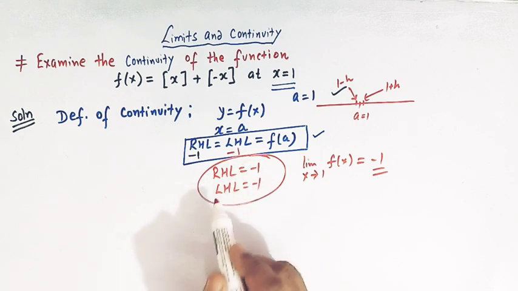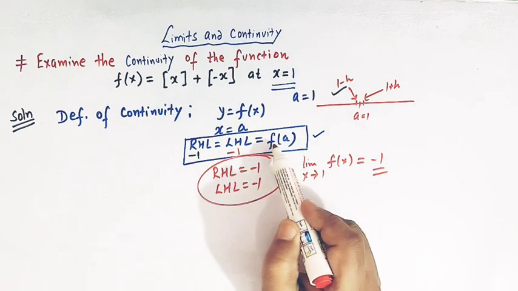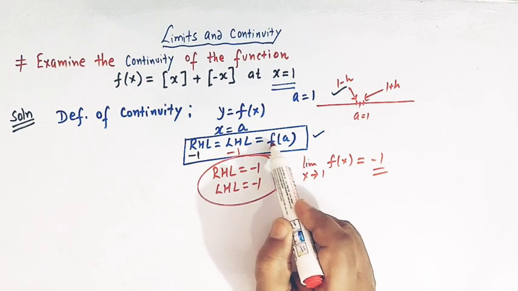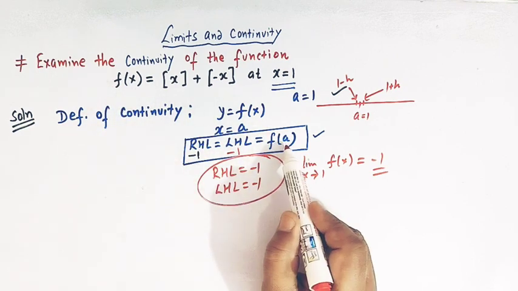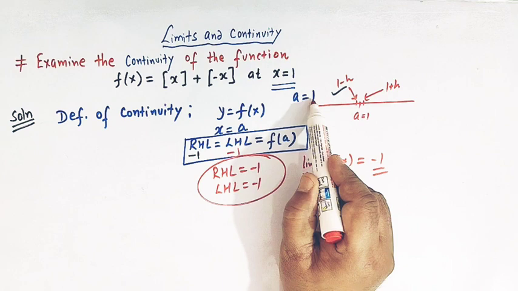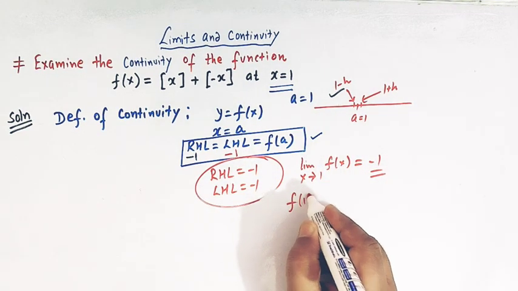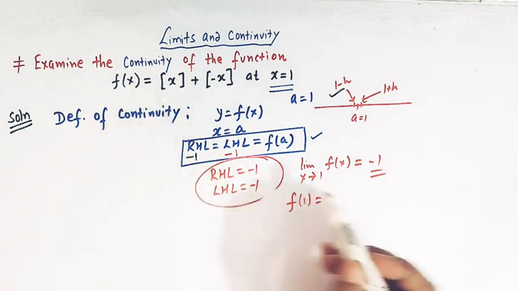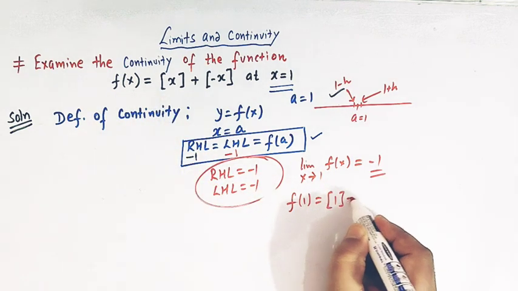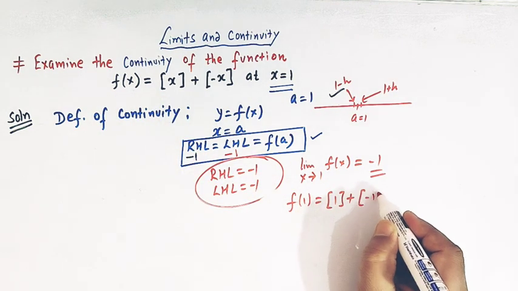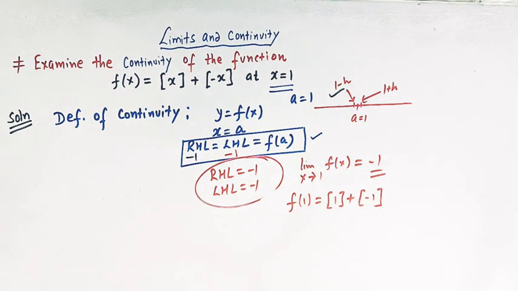Now we have to find the value of the function at this point a is equal to 1. So f of 1 can be written as greatest integer of 1 plus greatest integer of minus 1, right?